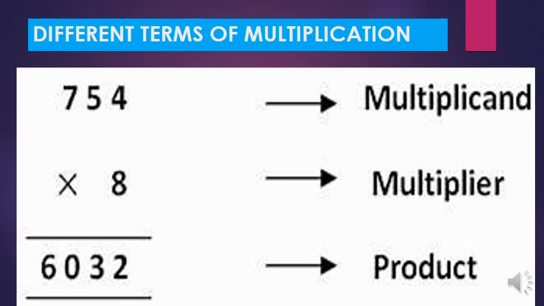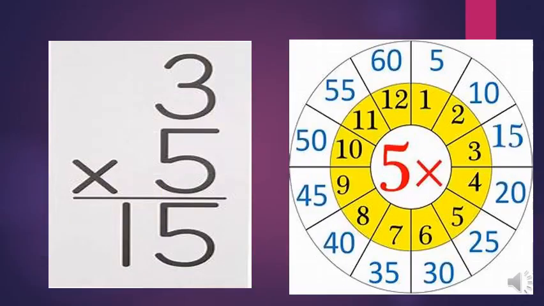This 754 we call the multiplicand, and the 8 is called the multiplier, and the answer we get is the product. The number which we have to multiply is called the multiplicand, and the number by which we have to multiply is the multiplier.